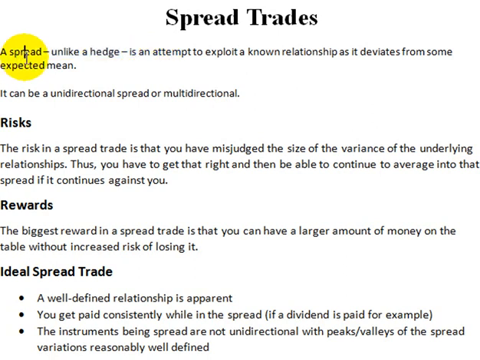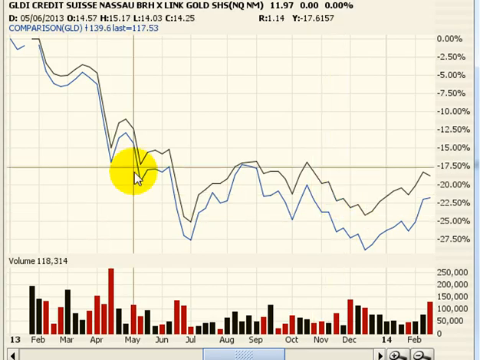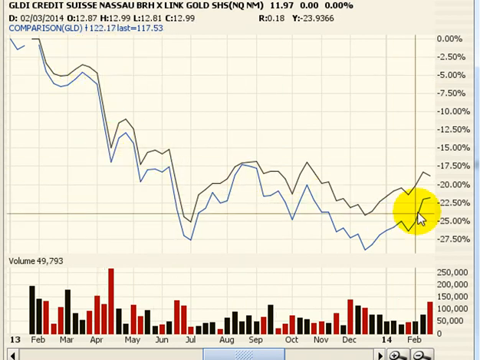A spread is a trade where you're taking some known relationship. And as that relationship deviates from some expected mean, you're trading those deviations. And so if I pull up a spread chart, I can take two instruments that are correlated.